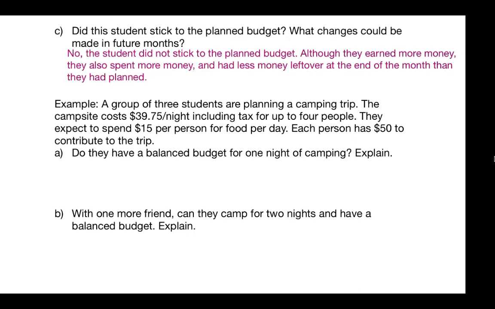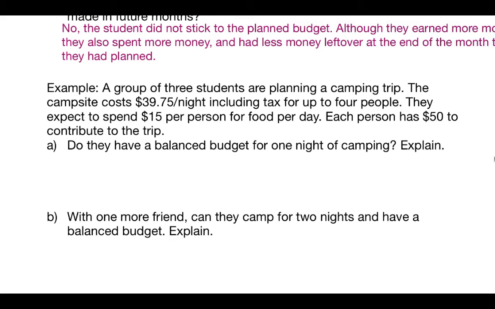So first of all, let's take a look at the income, right? The income, the money that they have to spend. So it's $50 per person to contribute, and times 3 people, so they've got $150 to play with. So if you compare that with expenses, the expenses are $39.75.